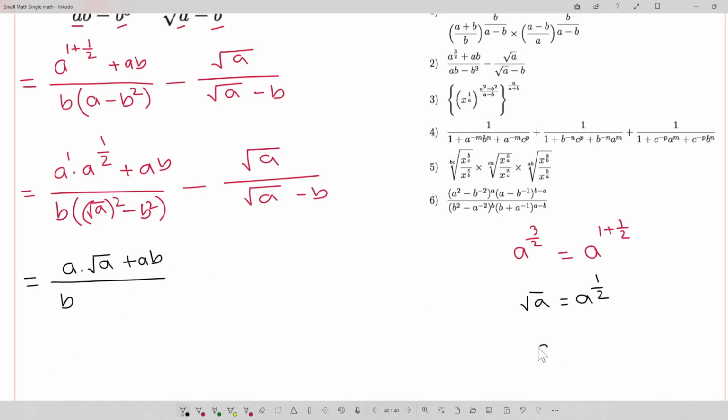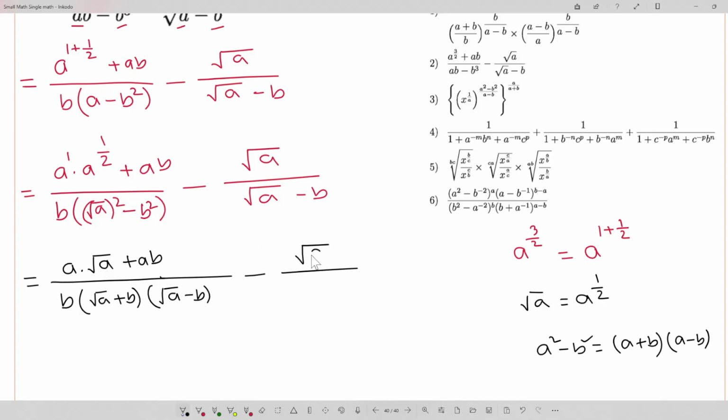And we know a square minus b square means a plus b times a minus b, so we can write this as root a plus b times root a minus b, because it is root of a square minus b square, minus root a divided by root a minus b.